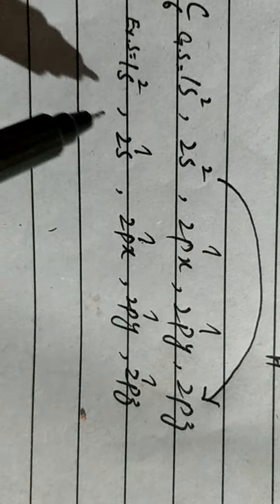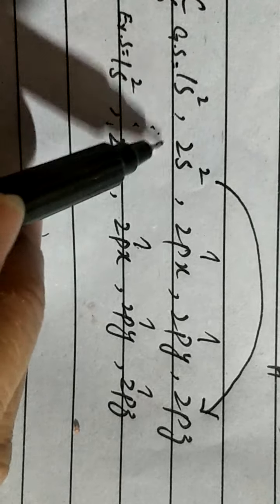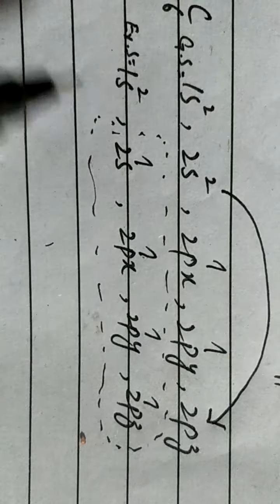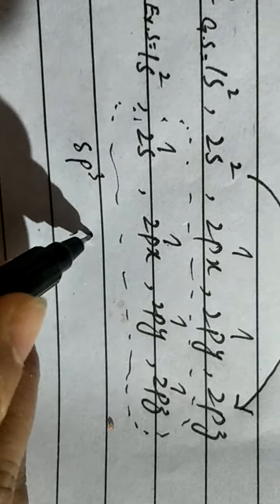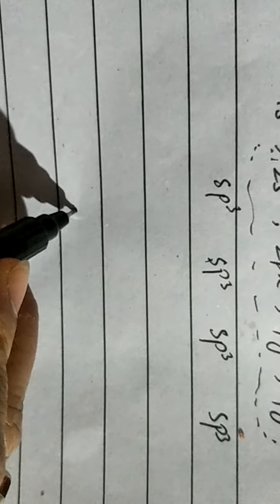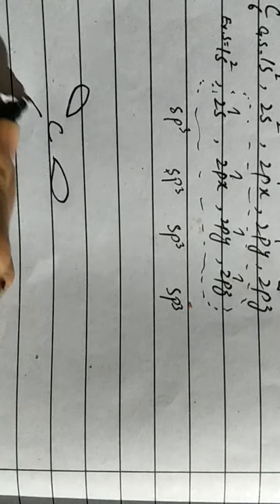These 4, the 2s and 3 2p atomic orbitals of carbon, mix together to form 4 sp3 hybrid orbitals of carbon. Just like this arrangement, carbon has 4 hybrid orbitals, 1, 2, 3 and the 4th on the back side.